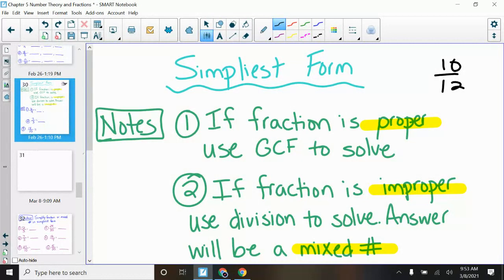That's a proper fraction. So if we were needing to take that fraction that Lily just gave us and put that fraction into simplest form, our note right here tells us that anytime we have a proper fraction, we use greatest common factor to solve. So if you remember on Thursday, I said that whenever you see a fraction, how do you know if you need to put that fraction in simplest form?